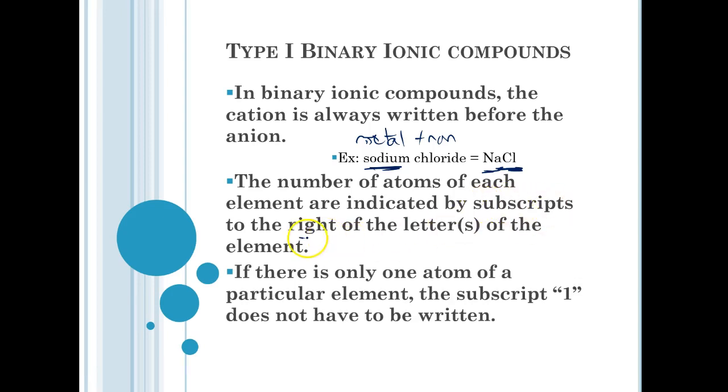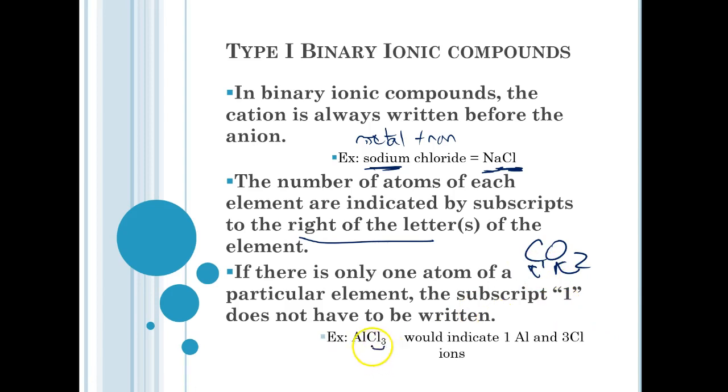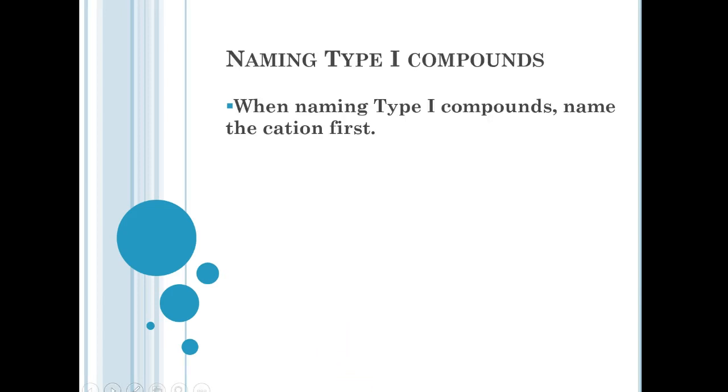And they are written to the right of the letters of the element. So for example, CO2 means 2 oxygens, only 1 carbon, because it's understood to be there. Okay, so AlCl3 means 3 Cls, 1 Al.